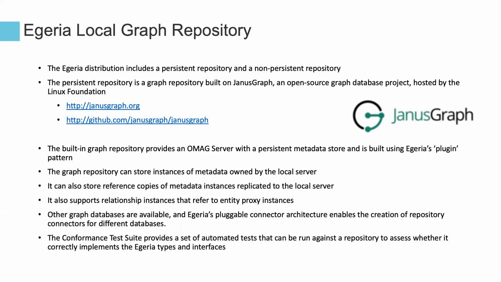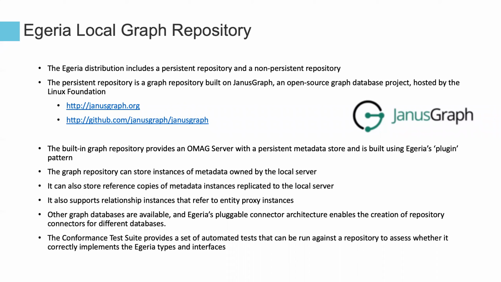So the way that we plug in a repository to Egeria is using a plugin pattern. As I mentioned before, we create a repository connector, and we tend to term that as the plugin pattern. So the graph repository can store instances of metadata that are owned by the local server.